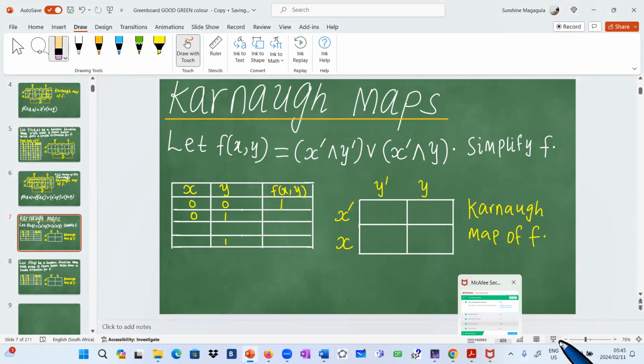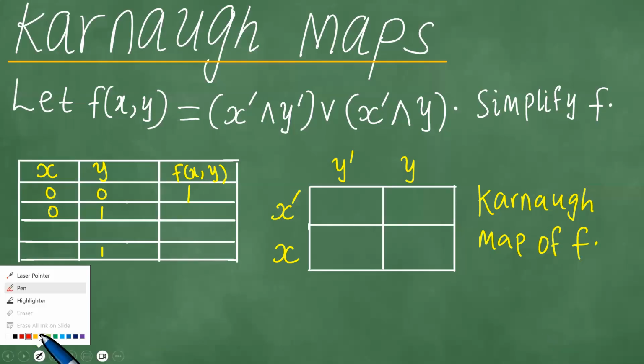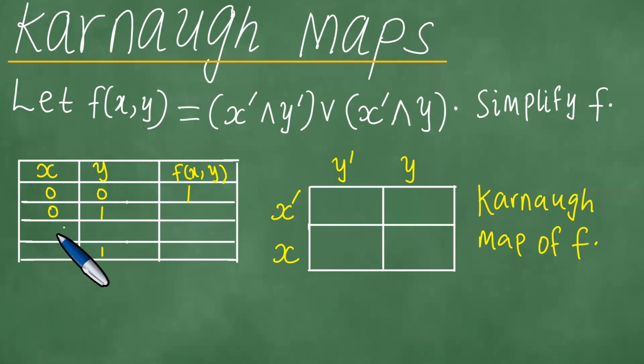Okay, just to complete this properly. So this one is 0, 0. The next is 0, 1. This one is 1, 0. And this one is 1, 1. So as you can see, 2 zeros, 2 ones, 0, 1, 0, 1 is the correct truth table of F.